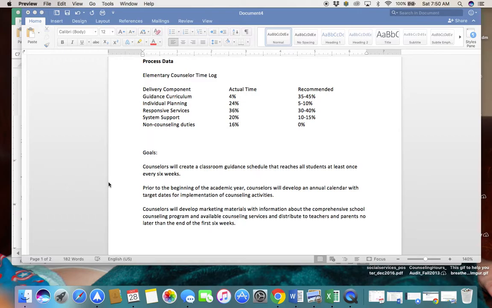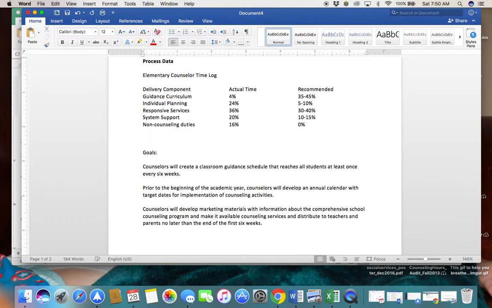This last one came out really the first night, but there was some perception data that lent itself to doing this as well from the other 2 nights. So counselors will develop marketing materials with information about the comprehensive school counseling program, about the counseling program and available counseling services, and distribute to teachers and parents no later than the end of the first 6 weeks.